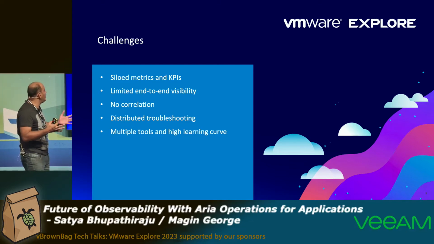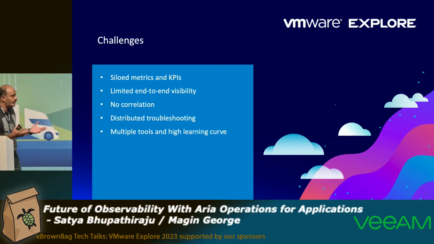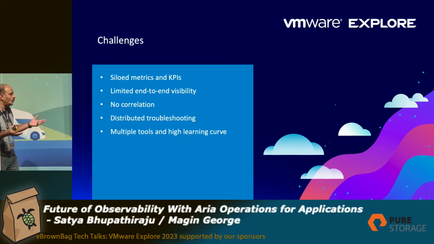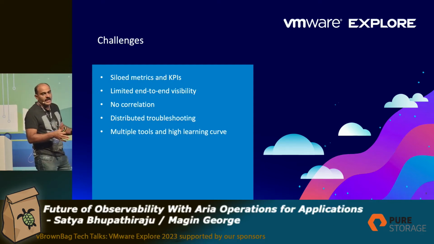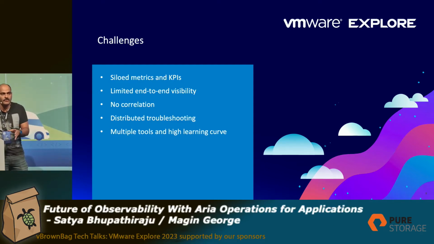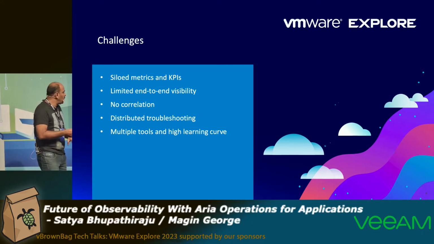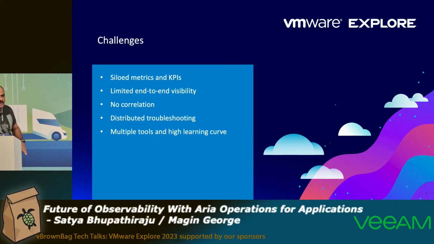So end-to-end visibility was very limited. That was another challenge. And distributed troubleshooting, as I said, it's all siloed, no correlation. And as we involved multiple tools, there is a high learning curve as well, right? The team needs to know how to use and manage those tools. So these were the challenges before we embarked on the observability journey.